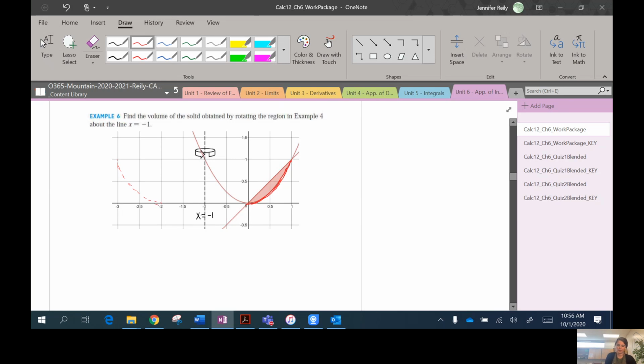It should be exactly symmetric on the other side. And the inner curve is this line here, and that's going to look like this. So we're actually using the same two curves that we used in the other example, but this time we're rotating around a different line.